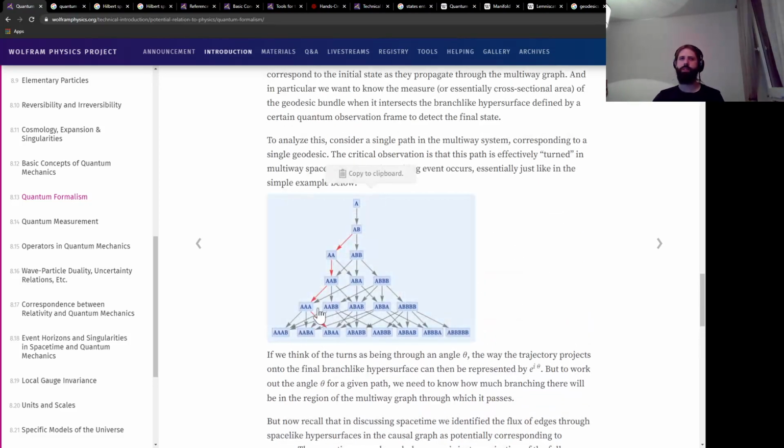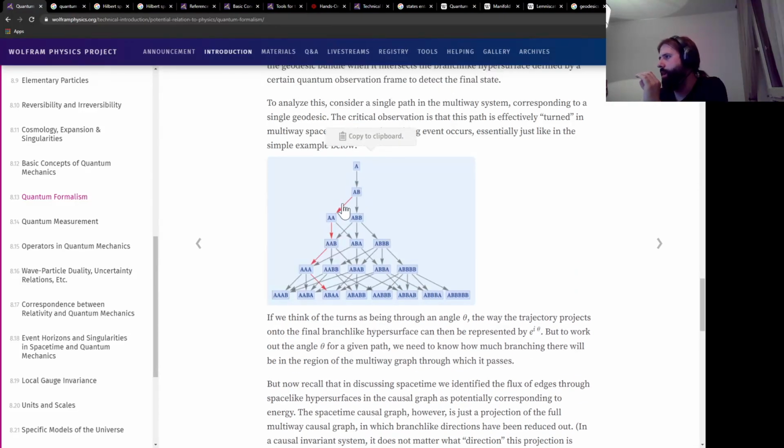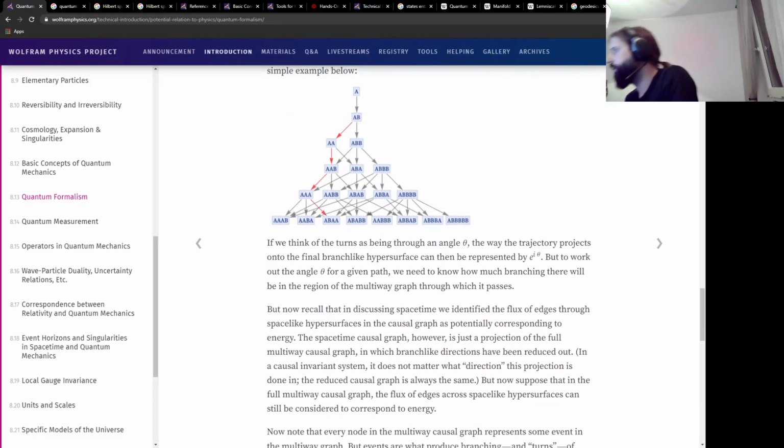So I think what this is trying to say is that, in a way, you can describe these geodesics, the geometrical shape and maybe direction of these geodesics or their projections, as something that corresponds to energy, which is at the end of the day what the Hamiltonian is there for, right?